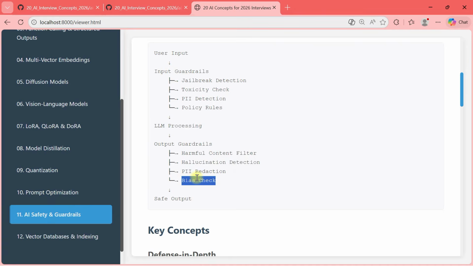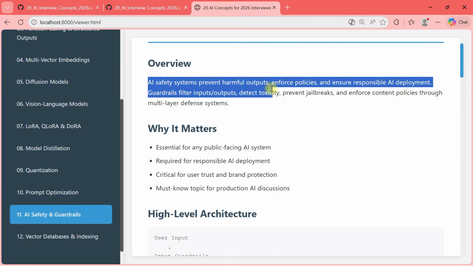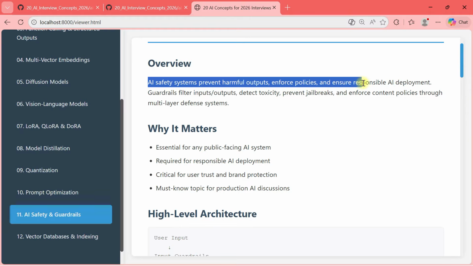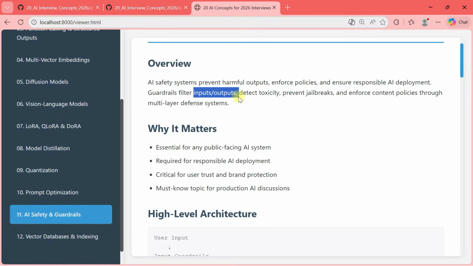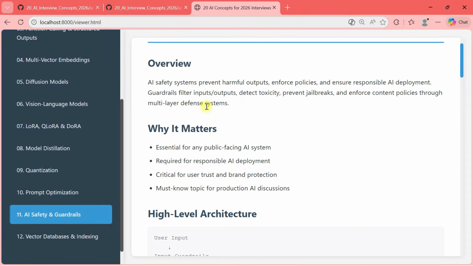These are some of the things to check when you are passing the message to the end user. What I have written here: AI safety prompts prevent harmful outputs, enforce policy and ensure responsible AI deployment. What are guardrails? Guardrails filter input and output, detect toxicity, prevent jailbreaks and enforce content policies through a multi-layered defense system. One layer of defense is not enough. Why it matters is very simple to understand.